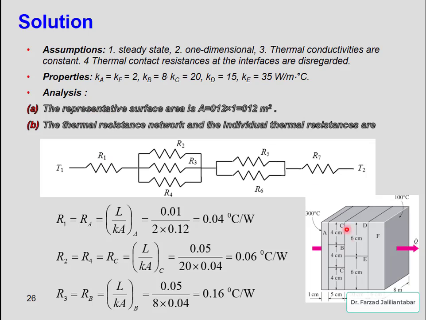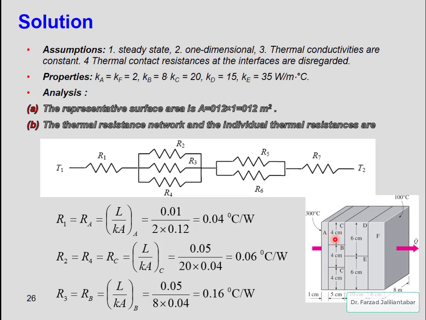Instead of calculating heat transfer for all of the wall, we can select a representative surface area of the wall. So we just choose a 1 meter length of the wall; here it is 8 meters. We choose 1 meter of this wall, and also we have the thickness here. And in this direction the size of the wall is 12 centimeters.